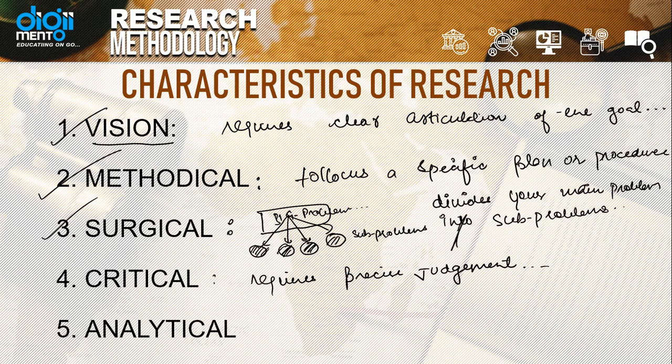Okay, next one is analytical. What is analytical? In the analytical, you have to follow the analytical procedures in the gathering of data, whether it is historical, descriptive, or anything.